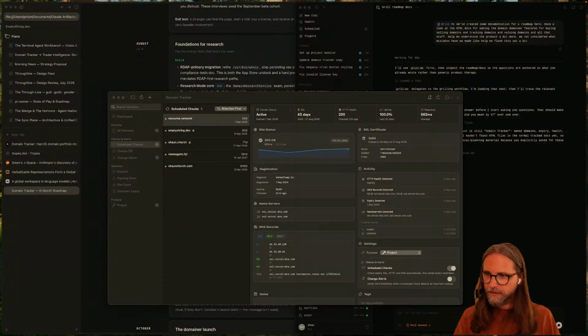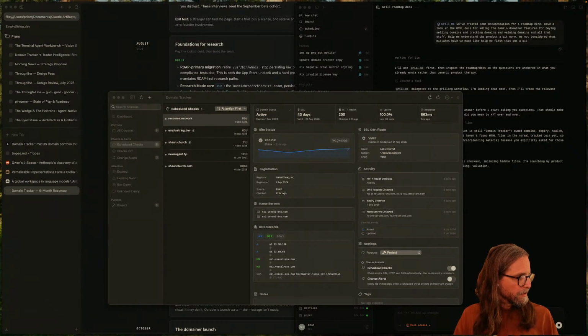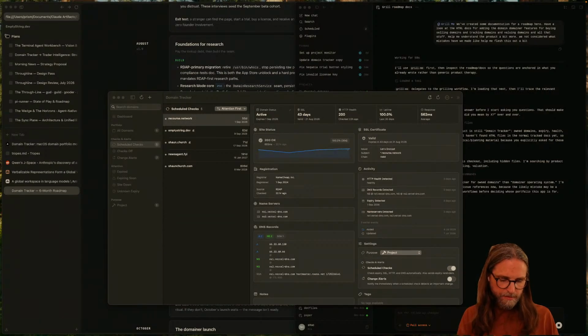Oh, let me guess, I haven't got file sharing enabled. Settings. File sharing. File sharing is off. File sharing is on.